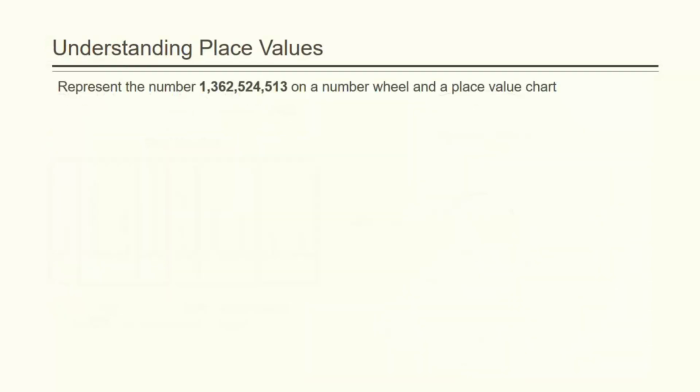Let's take an example. How can we represent this number on a number wheel and a place value chart? First of all, what number is displayed on the screen?